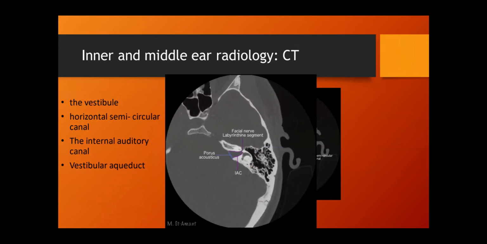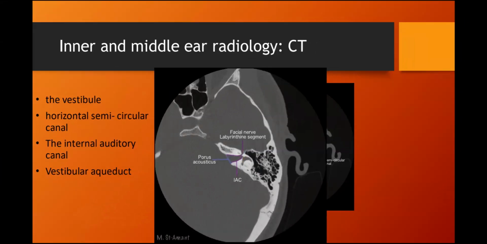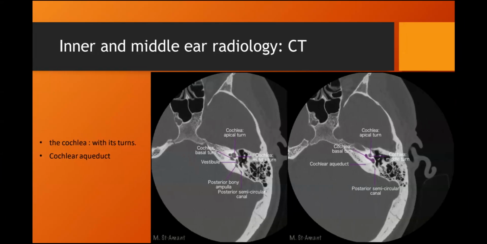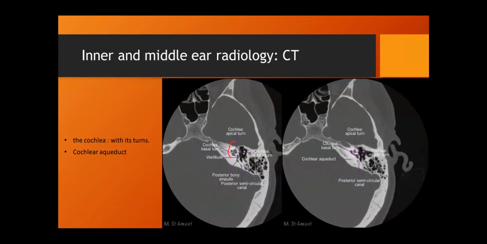Then going downward, we will see the internal auditory meatus and the facial nerve with its labyrinthine segment. Then going downward in the sections, here we will start to see the cochlea. This is the cochlea with turns of the cochlea, and this is the cochlear aqueduct.